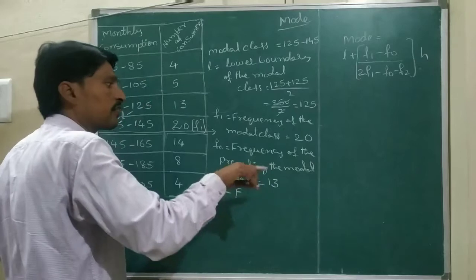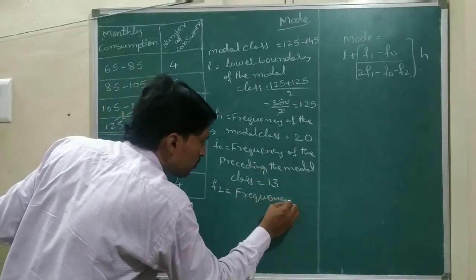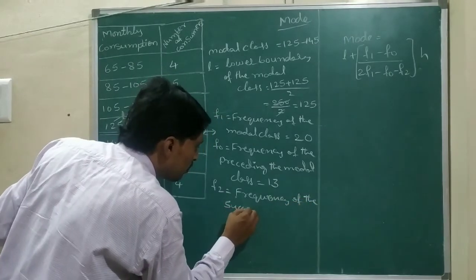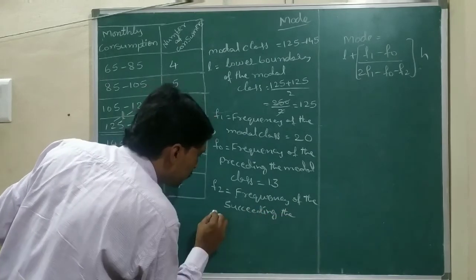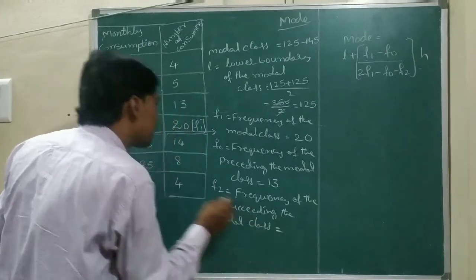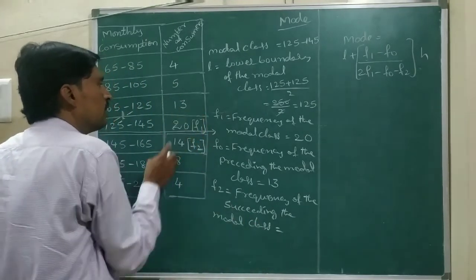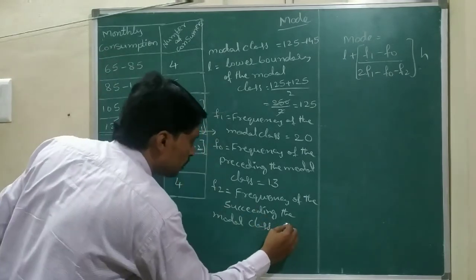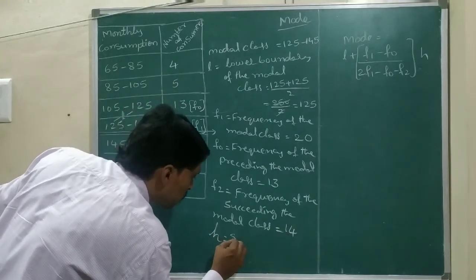Frequency of the class succeeding the modal class. So what is succeeding here? This is 14. F2 equals 14.